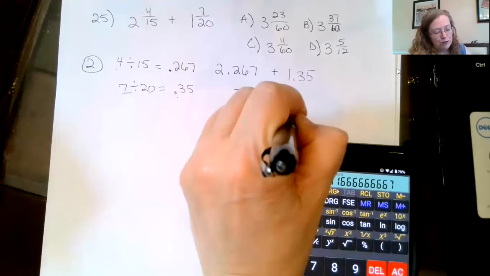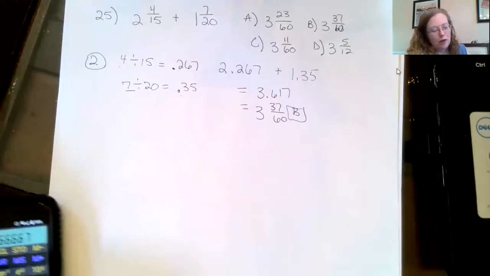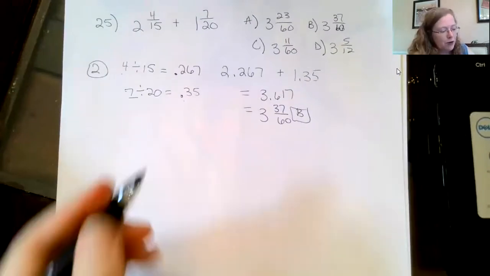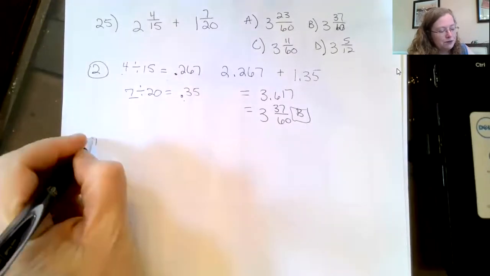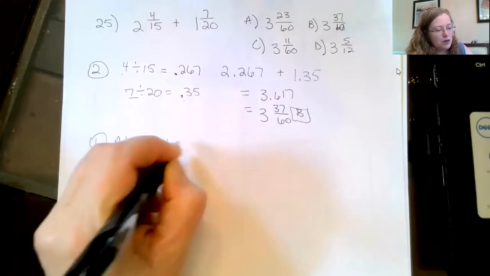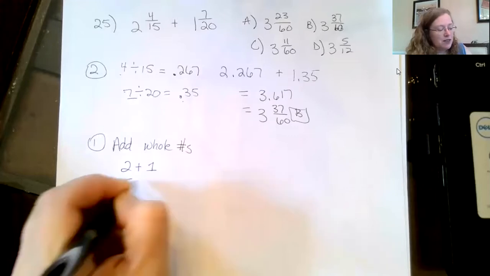I will show you one of the methods that you can use for working with the mixed numbers. Another approach would be to add the whole numbers. So we'd have 2 plus 1 is 3. And I'm going to circle it. I'm going to save this for later.